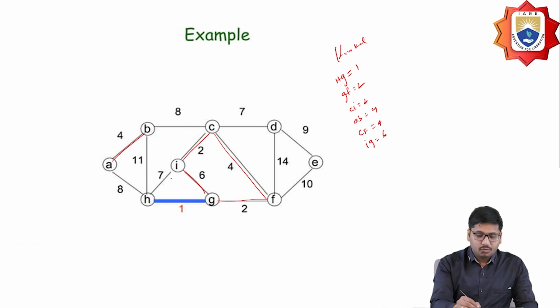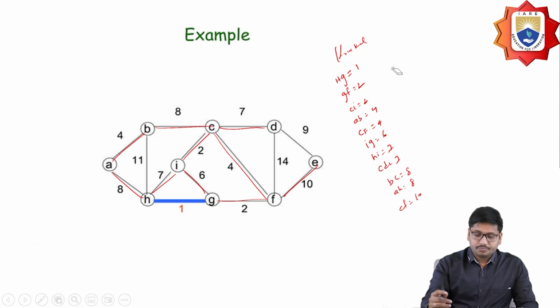After that, I'm going to select HI, and CD is also 7, and 8, so that should be BC, and AH is also 8, and EF should be 10.